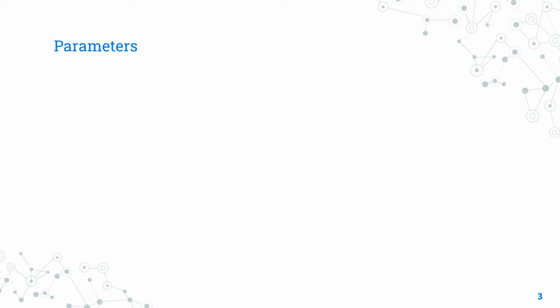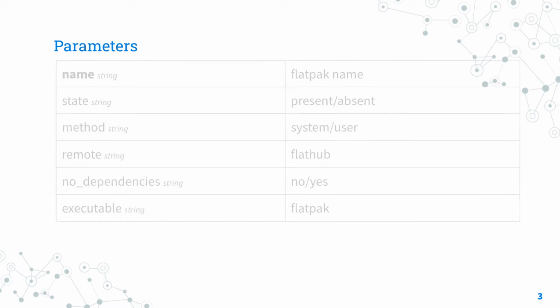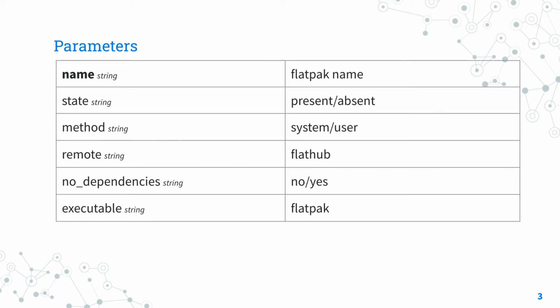Let me summarize the parameters of the Flatpak module. The only required one is name, where you specify the Flatpak name to install or remove. The parameter state specifies if you would like to perform the install action, option present, or the remove action, option absent.